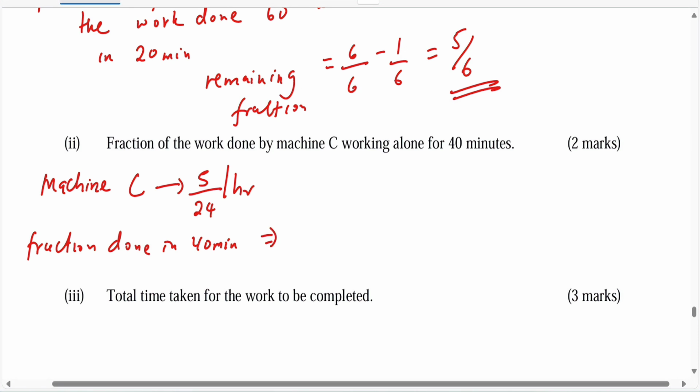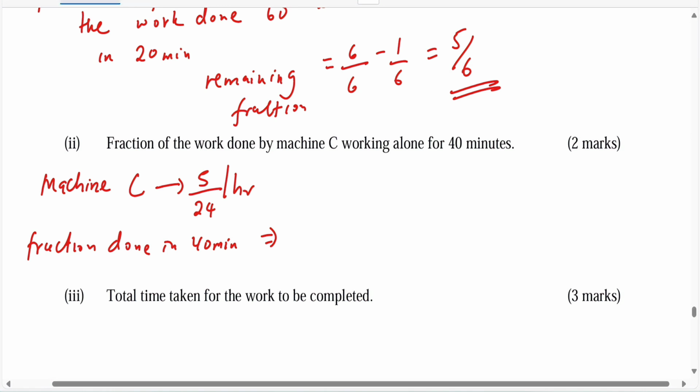So you ask yourself the same question. If 5 over 24 is done in 1 hour, what about 40 minutes, which is 40 out of 60 hours? Basically what you're doing here, you'll just take 5 over 24 times 40 over 60. It's the same scenario which you did in the above question.